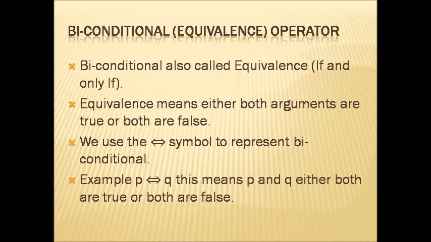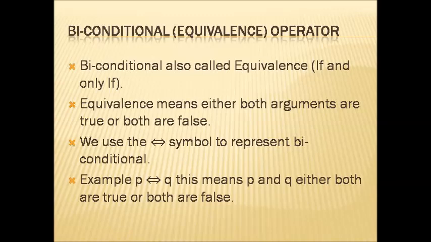Okay. Now we have the biconditional operator, biconditional or equivalence operator, right? Equivalence means either both arguments are true or both are false. So we use the double-sided arrow to represent the biconditional operator.